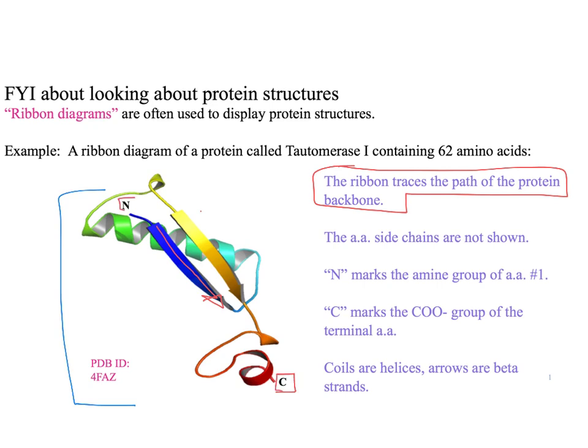So here I have the N terminus labeled, and if you could trace this along from N to C. This beta strand is connected to this alpha helix, which is connected to a 310 turn, which is connected to this other strand.